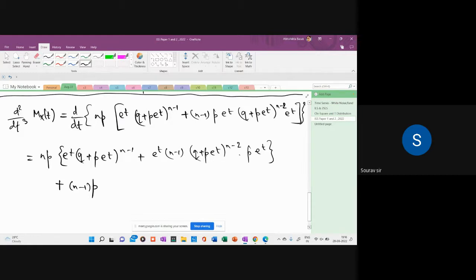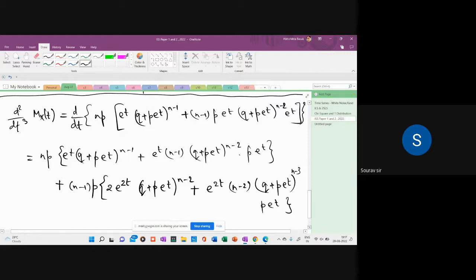So we are going to write 2 into e to the power 2t, it will remain the same, and (q plus p into e to the power t) whole to the power n minus 2, this thing, plus e to the power 2t into n minus 2 into (q plus p into e to the power t) whole to the power n minus 3 into p into e to the power t. And this whole thing comes with the np outside.